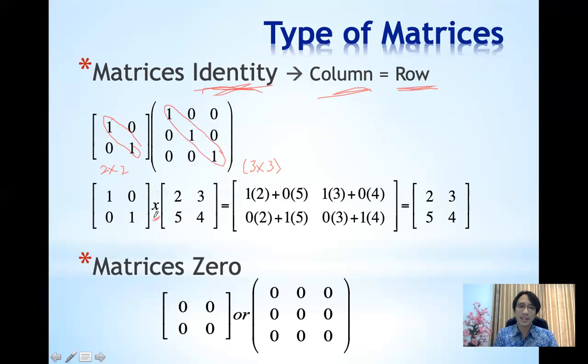About multiplication or the other operations of matrix, we will discuss later. Besides the identity matrix, we also have another type of matrix called the zero matrix. Like the name, all the values in that matrix are 0.